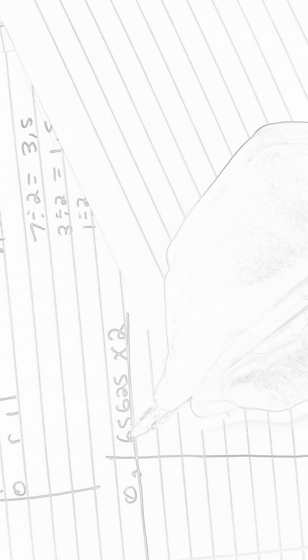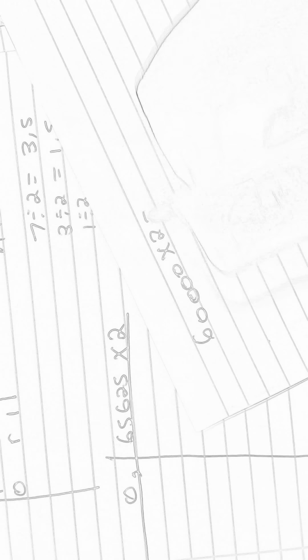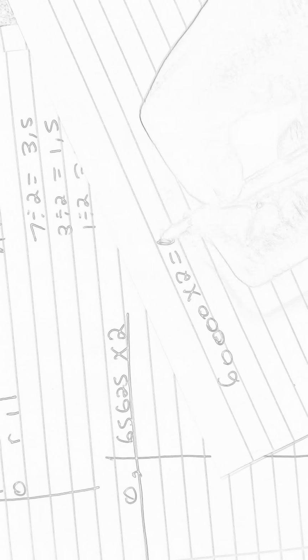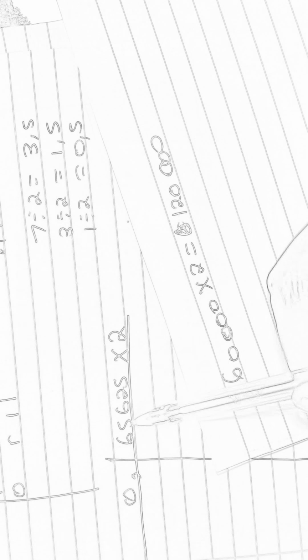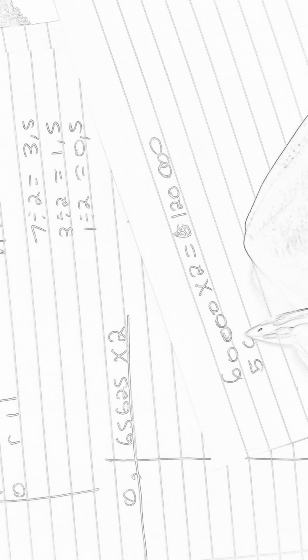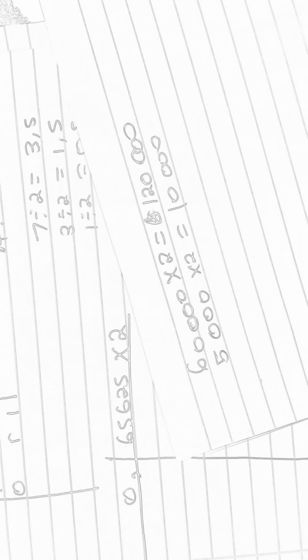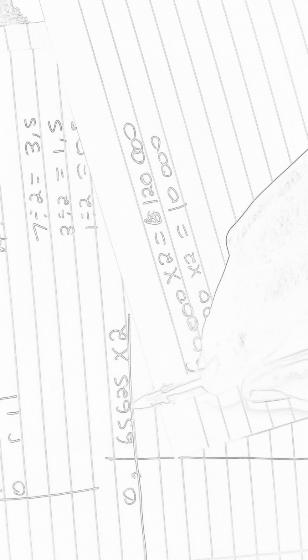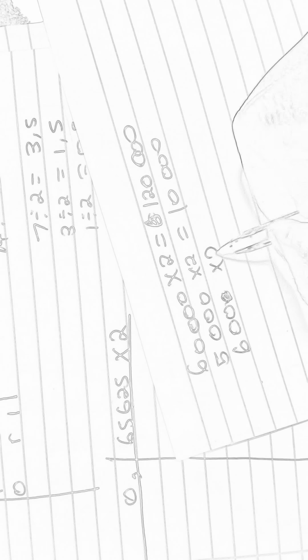So it's going to be 6, and then I'll take these 4 numbers as zeros, 1 2 3 4, multiplied by 2, which is 120,000, and then 5, and then I'll take these 3 numbers as zeros, 1 2 3, multiplied by 2, which is 10,000, and then 600, 6 and 2 zeros times 2, which is 1,200.